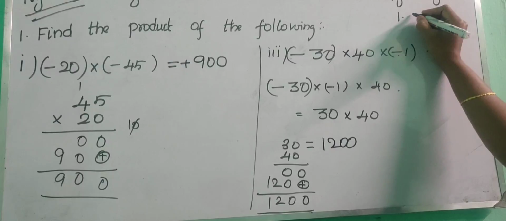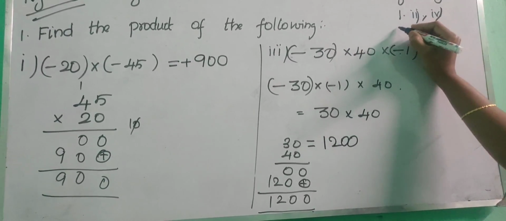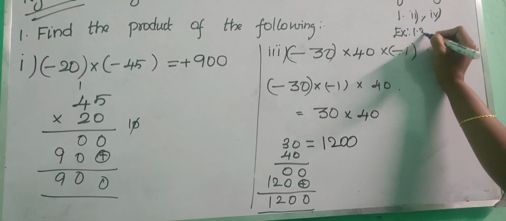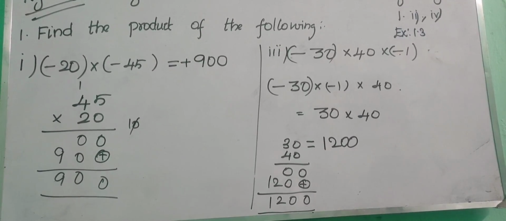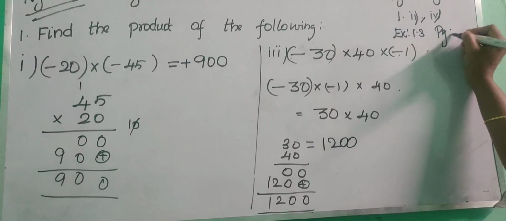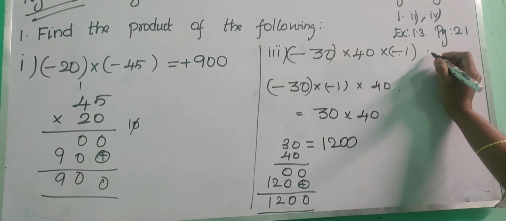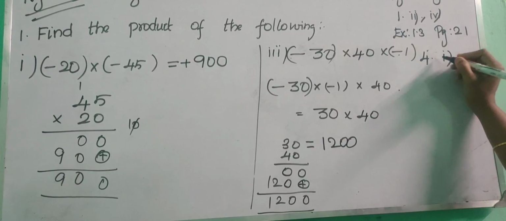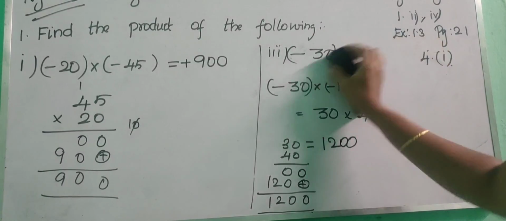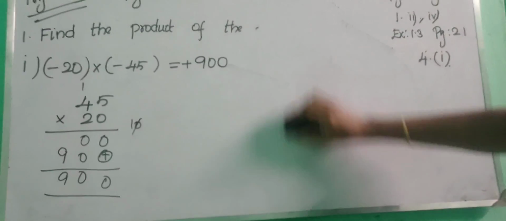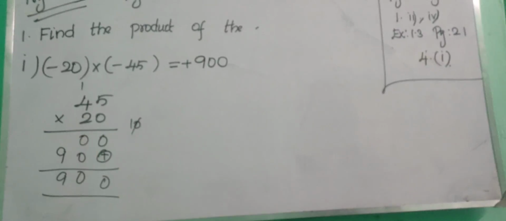First one, second comma fourth is your homework, and then in exercise 1.3, in page number 21, in sum number 4, first one is your homework. So do your homework properly. After completing each sum, you should draw lines. Okay children, so thank you.